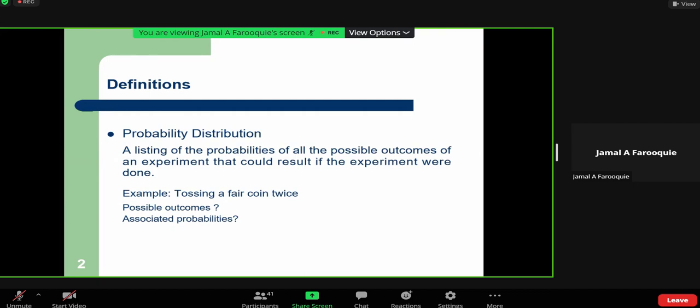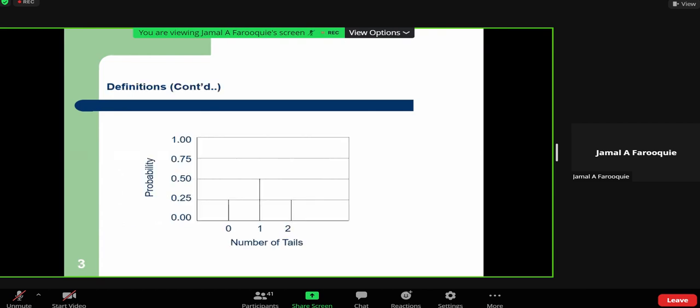The other 2 are where the number of tails is 1. And the fourth outcome is where the number of tails is 2. So the number of tails may be 0, 1 or 2.